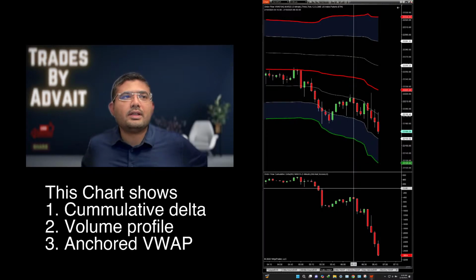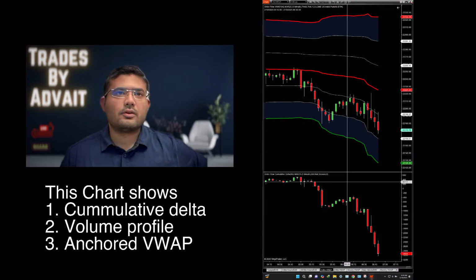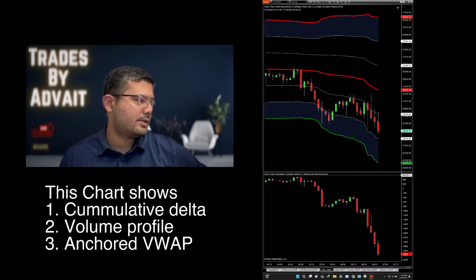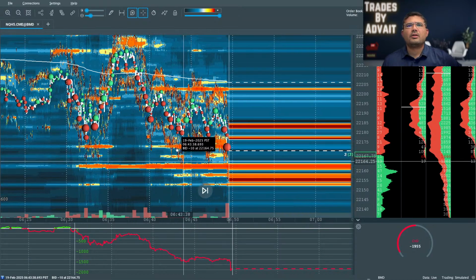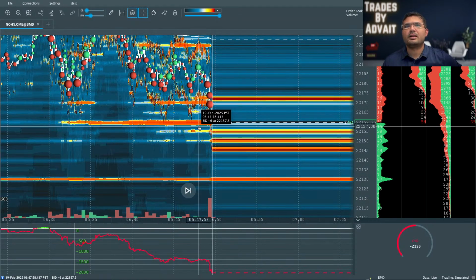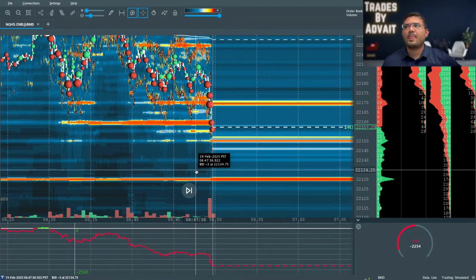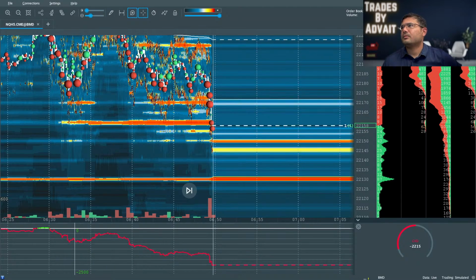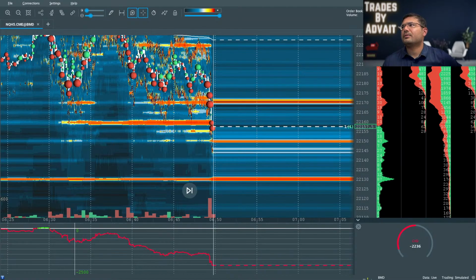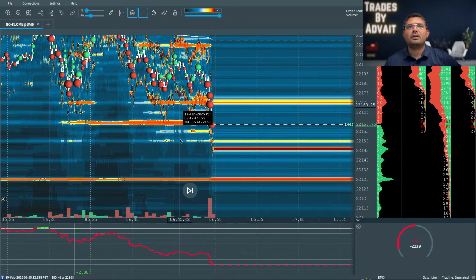So finally we broke down. Let's see, finally we broke down below this level, and now we tested the 160 level. So looks like we will be testing the 130 level as well.